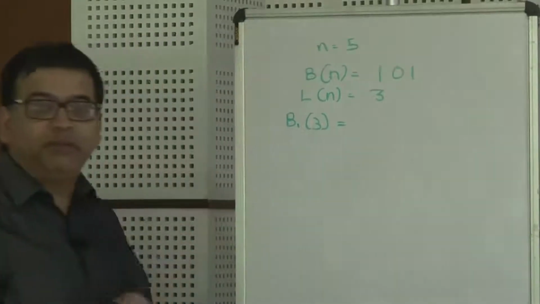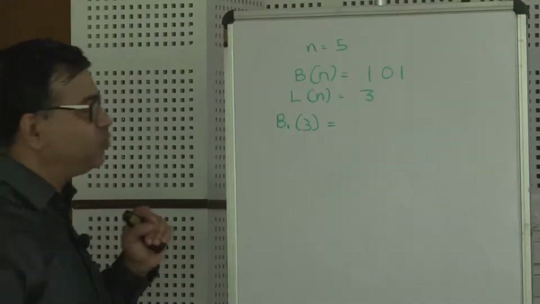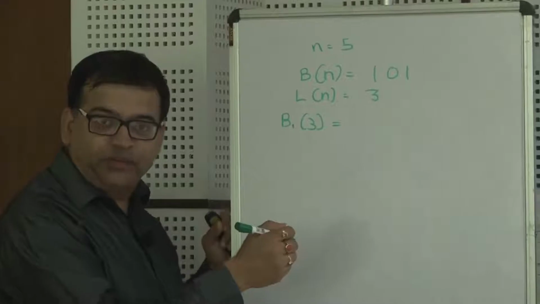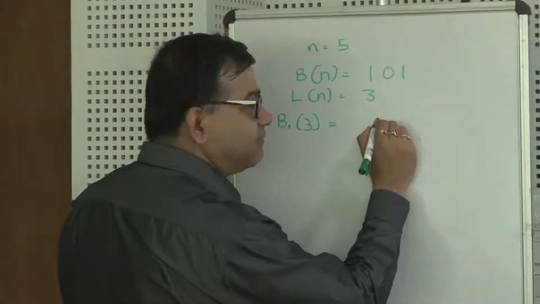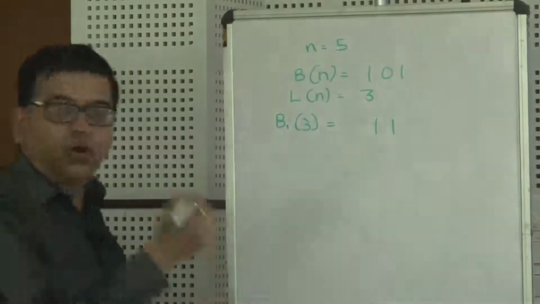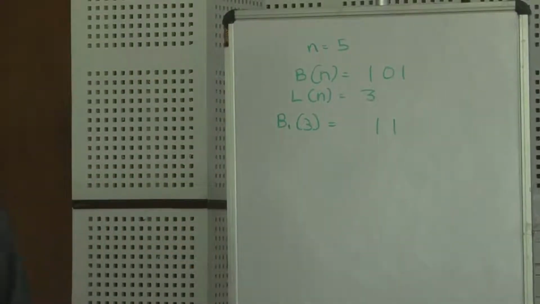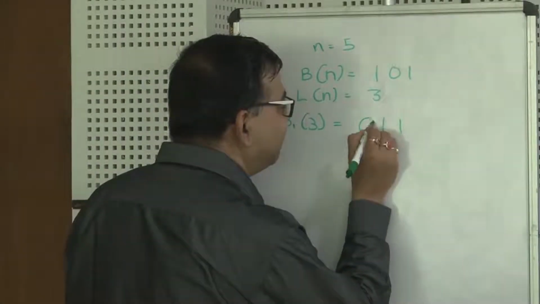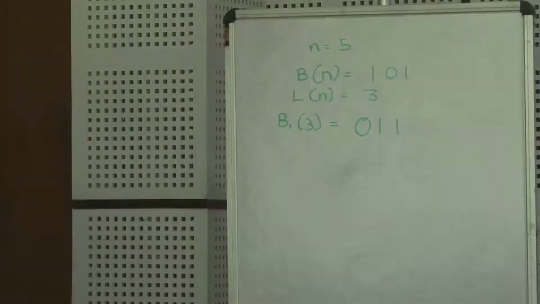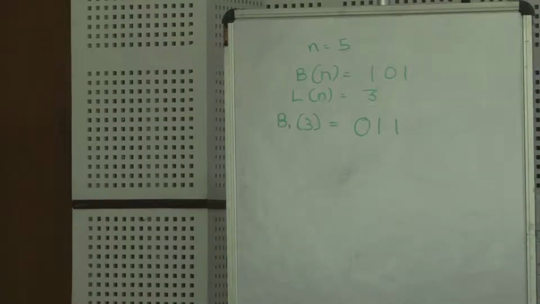So how do I find B1 code of 3? First, I need to write the binary representation of 3, which is 1 1. Now, what is the number of leading zeros? That is length minus 1. So that would be only 1 zero. So B1 code of 3 will be 0 1 1, right.